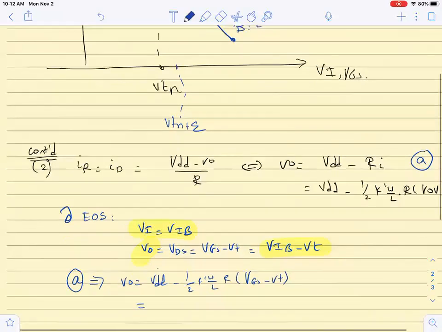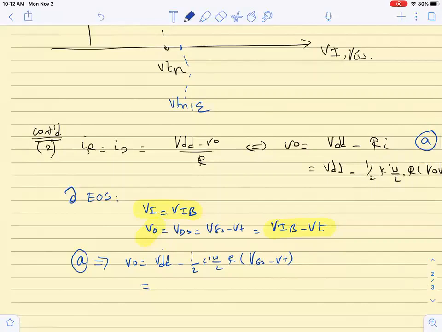And we plug in for V out VIB minus VT, and we plug in here the value of VIB and we solve for VIB with one equation, one unknown. So we can now find where the edge of saturation happens in this circuit.